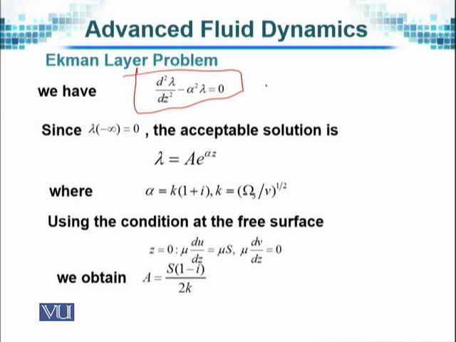As we can see, the solution of this is pretty simple, and the boundary conditions will reduce to lambda at minus infinity is equal to 0. The acceptable solution is lambda equal to some arbitrary constant A into e to the power alpha z.